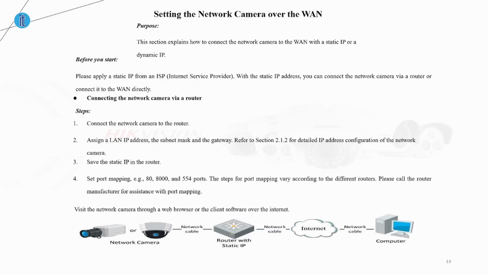Now, from your router, you connect a LAN cable to the internet, that is the ISP, the internet service provider. Now, from this ISP, you connect another LAN cable to your computer. Why are you doing this? You want to have a gateway for you to view your camera through the router, and also to view it on cloud through your computer.